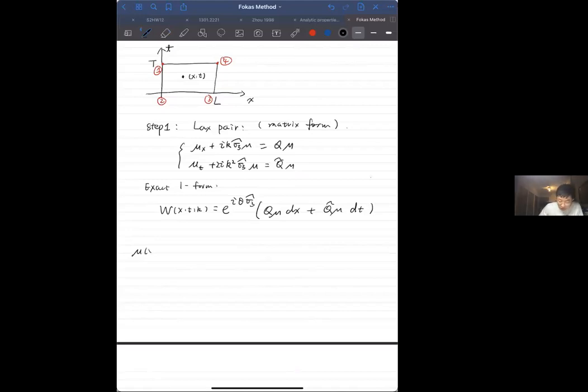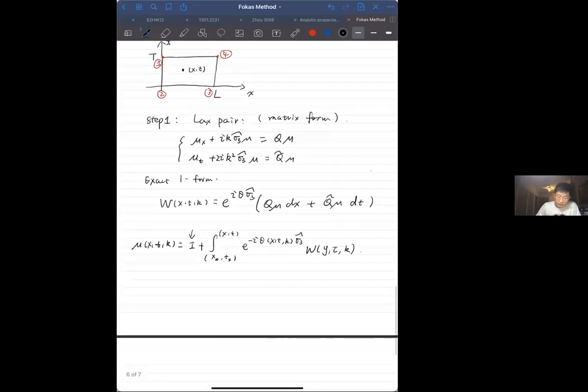Here we normalize the eigenfunction, this spectral function at this corner, to be the identity: mu(x,t,k) equals e to the minus i theta(x,t,k) sigma 3 times the integral of W. W is a one-form, and this is a line integral.